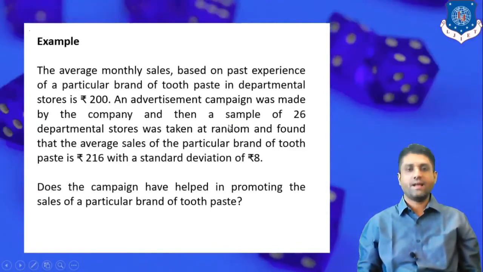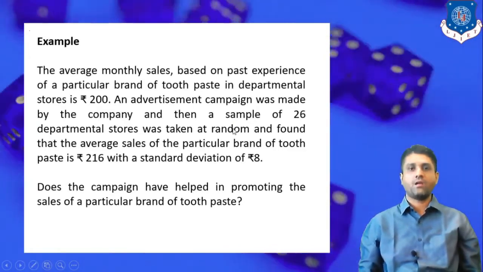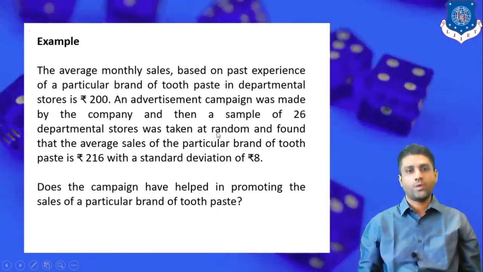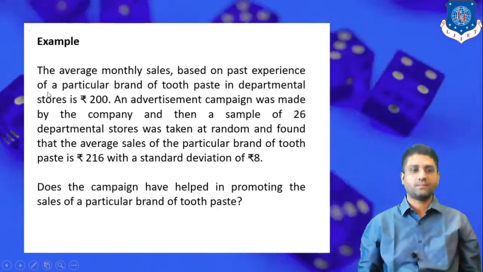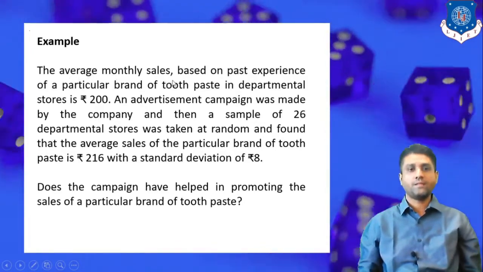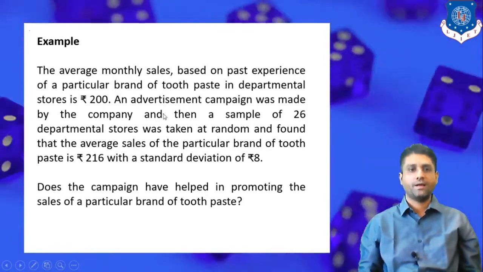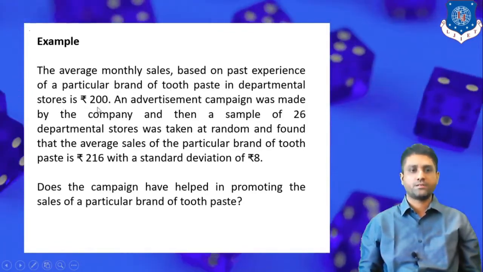So, let us see an example for better understanding of the procedure that we have discussed. This first example says that the average monthly sales, based on past experience, of a particular brand of toothpaste in a department store is 200 rupees.